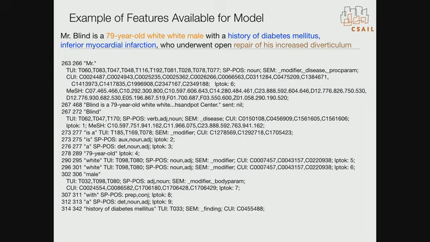And so you get huge amounts of ambiguity. Blind turns out also to give you various ambiguities, so it maps here to 4 different concept unique identifiers. 79-year-old is okay, and then male again maps to 5 different concept unique identifiers.